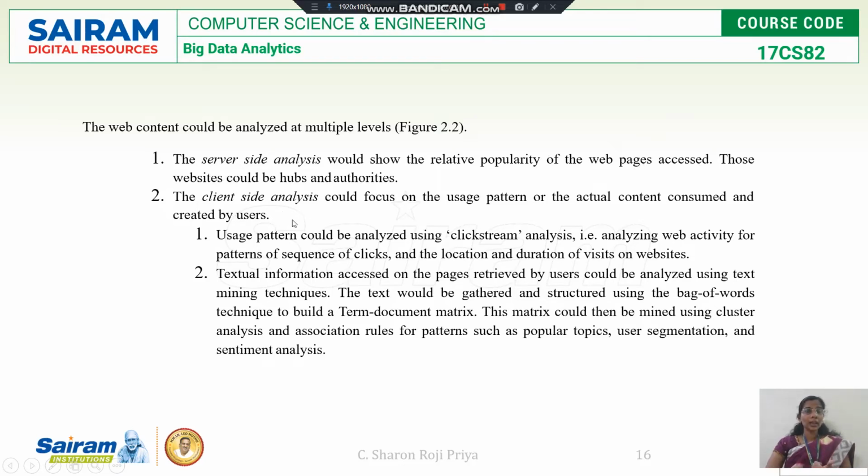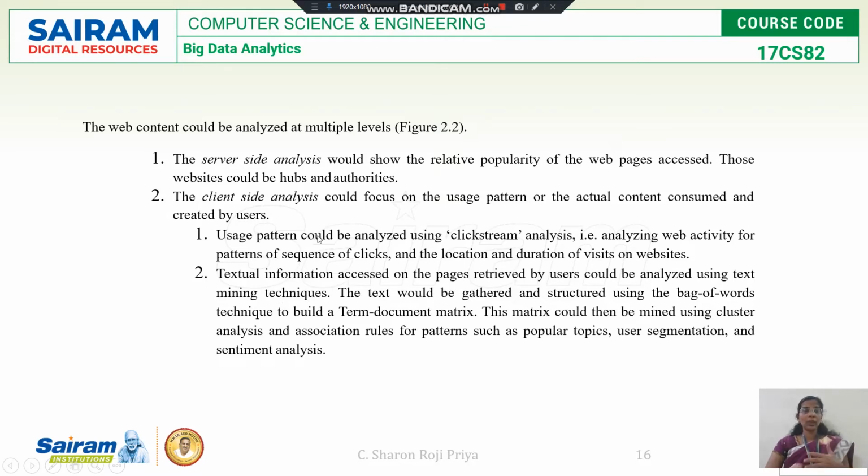And client side analysis focuses on the usage pattern: what pages the user has visited and what actions he has done on those pages. So the usage pattern could be analyzed using clickstream analysis, and the textual information accessed on those pages and retrieved by the user could be analyzed using text mining techniques.